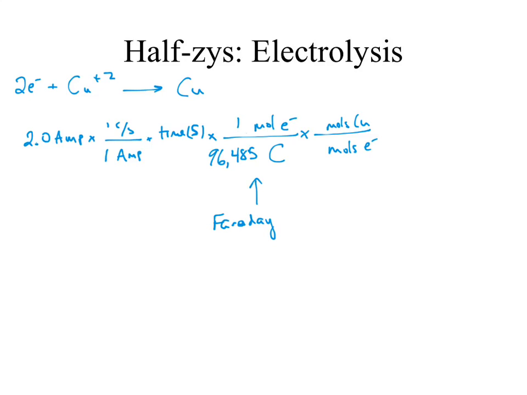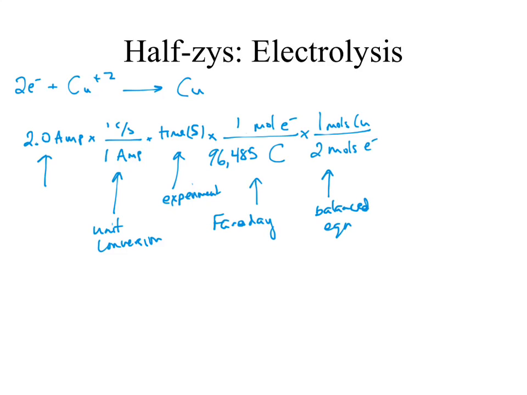I think you mean 1 to 2, right? 1 mole of copper is 2 moles of electrons. How do we know that? That comes from our balanced equation. Time is an experimental value. This is a unit conversion. And this is experimental.